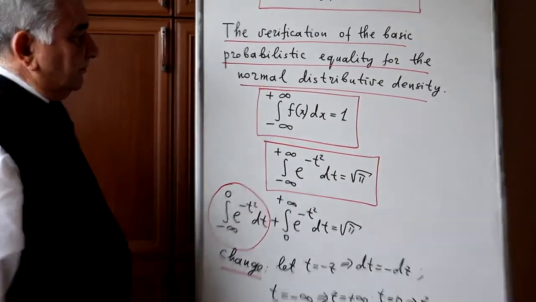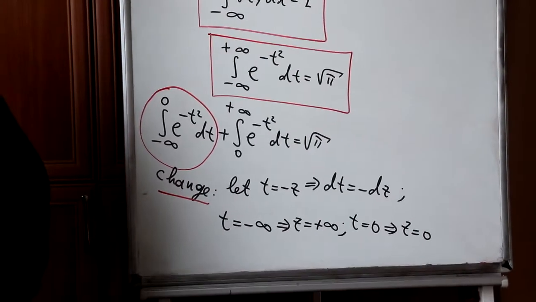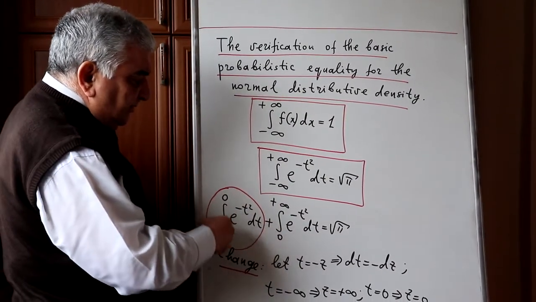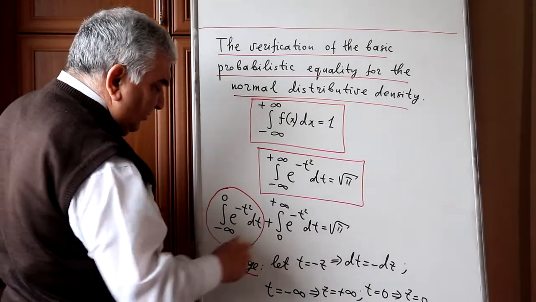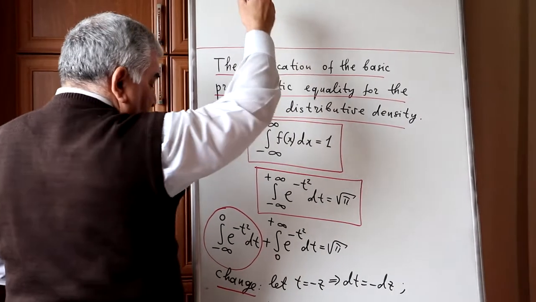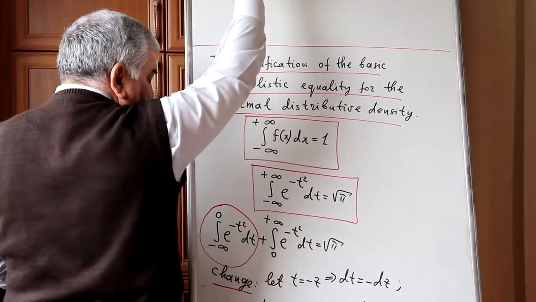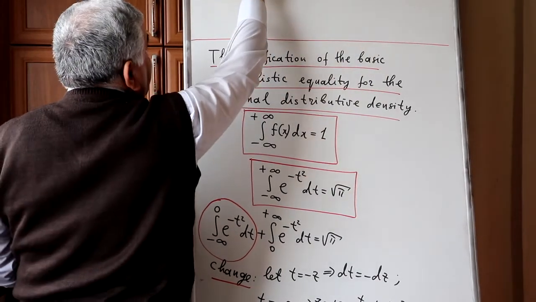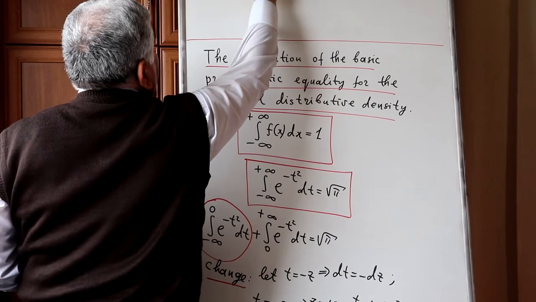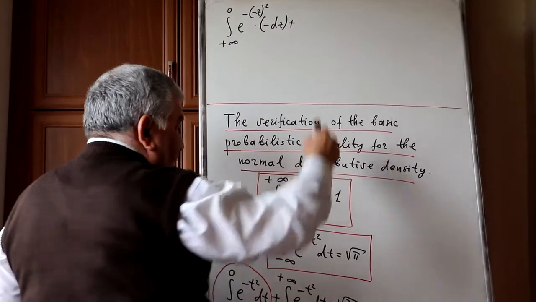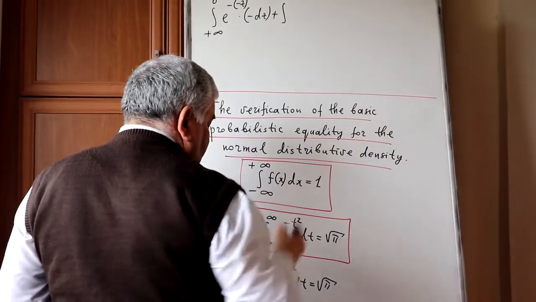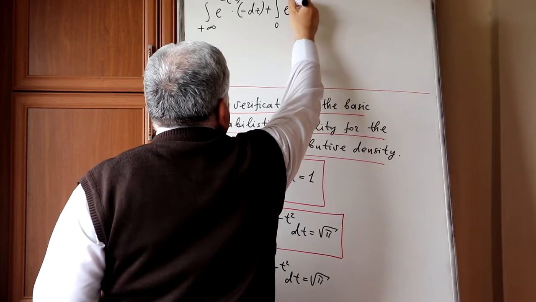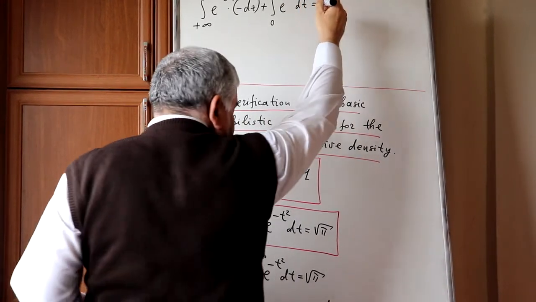Then continue. Rewrite the first integral with respect to the new variable z: the integral from plus infinity to 0 of e raised to minus z squared multiplied by minus dz, plus the second integral, which is retained: the integral from 0 to plus infinity of e raised to minus t squared dt equals square root of pi.